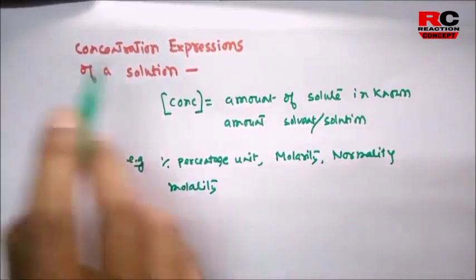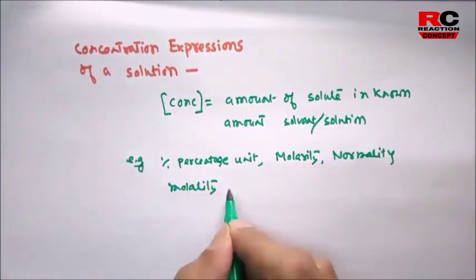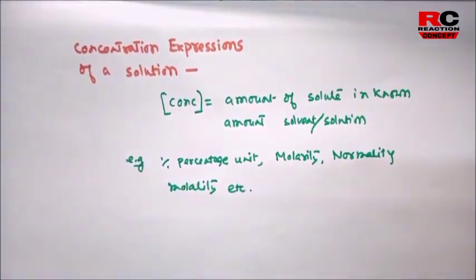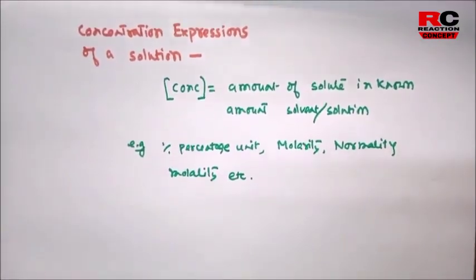These are the expressions of concentration. We'll discuss all these concentration terms one by one. Before going to the different concentration terms, we should know some basics of mole concept and equivalent concepts.